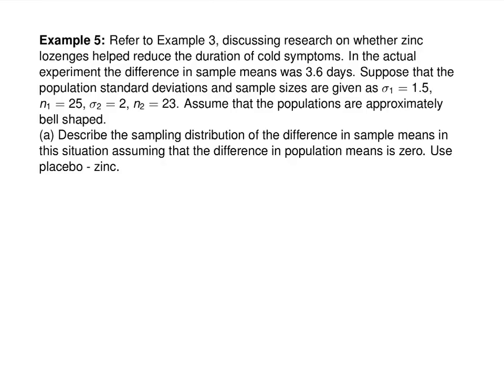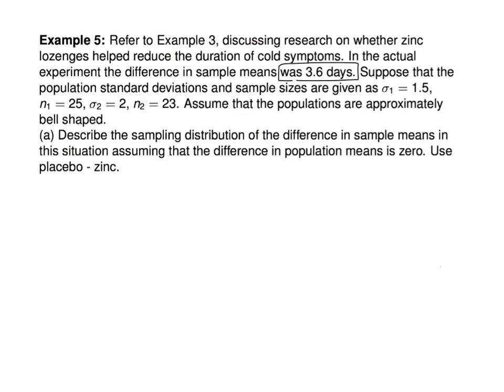Okay, we're going to go back to that idea of zinc lozenges, and we are going to sort of prove that zinc lozenges are effective. In the actual experiment, the difference in sample means was 3.6 days. We are going to suppose that we have a skeptic who thinks that this is a statistical fluke, and we're going to prove that this is not.